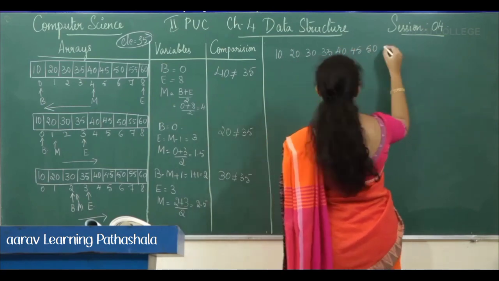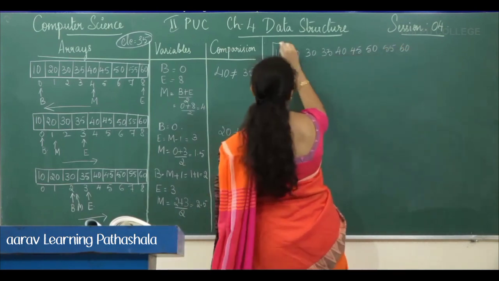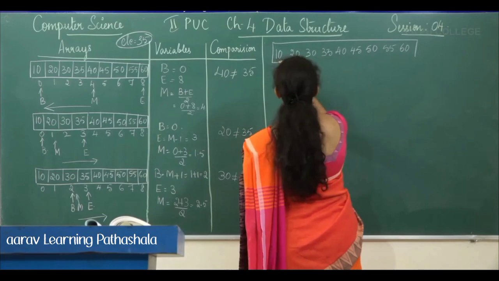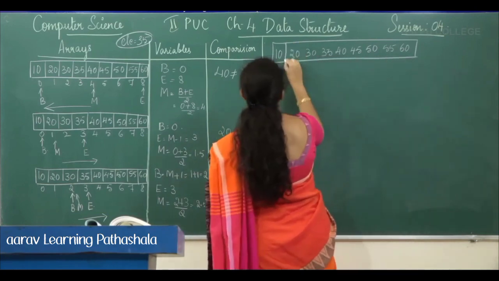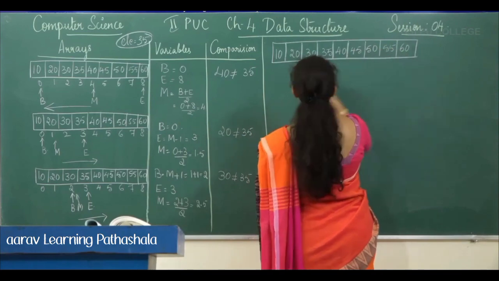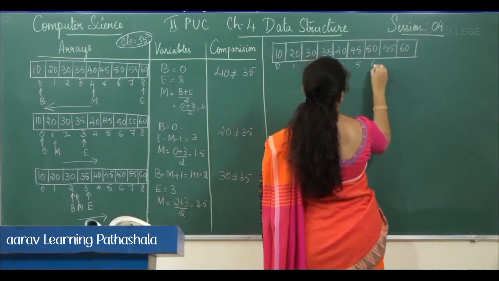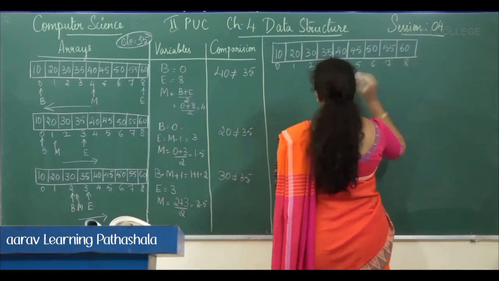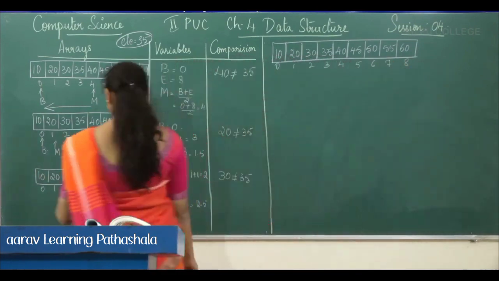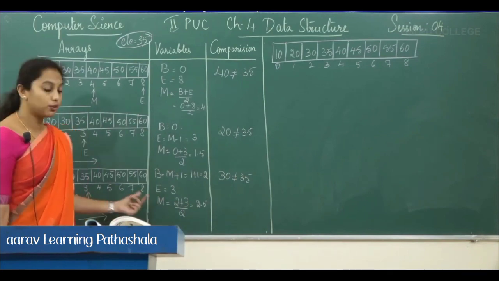50, 55 and 60. So if the search element is greater than the middle element, what we have to do?